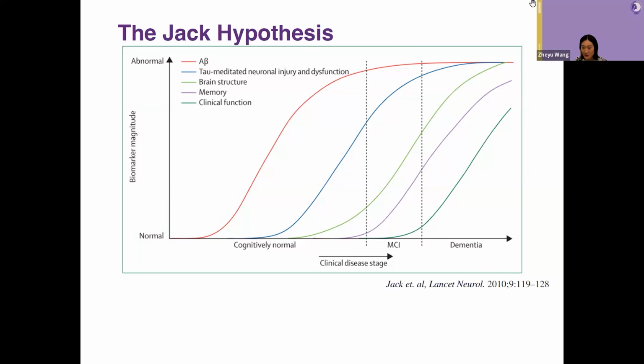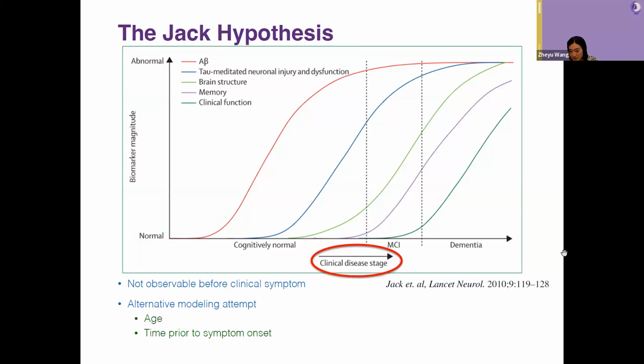One of the issues in validating this work is the use of this axis. Next slide, please. The axis is in clinical disease stage. And as we mentioned, this is unknown before symptoms become noticeable. And also there is great heterogeneity in patients.